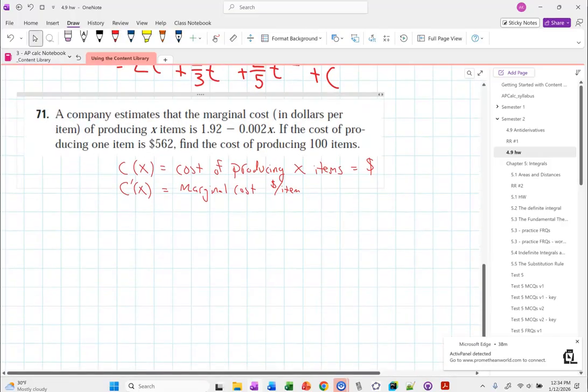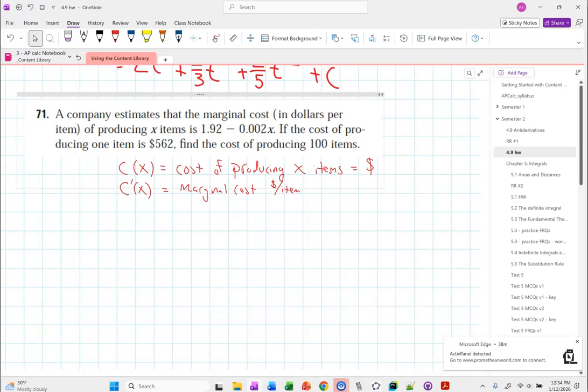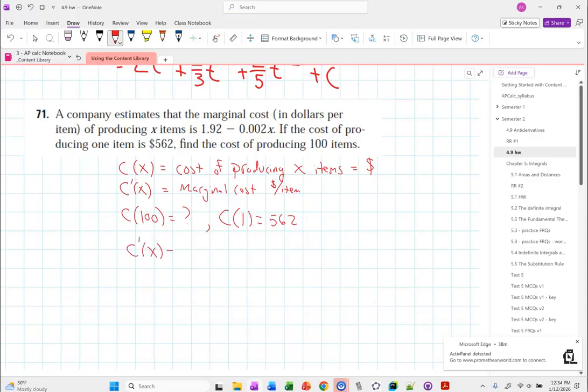So if I want the cost of producing 100 items, I want to find C of 100, right? We're told C of 1 is 562. And we know that C prime of x is 1.92 minus 0.002x.